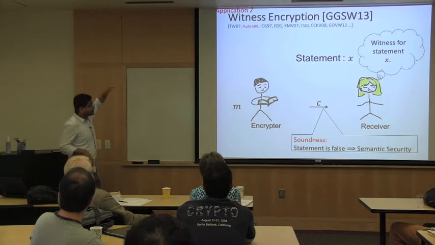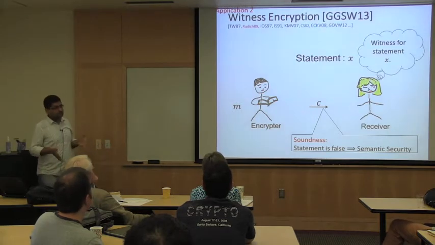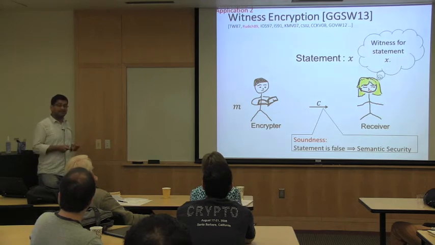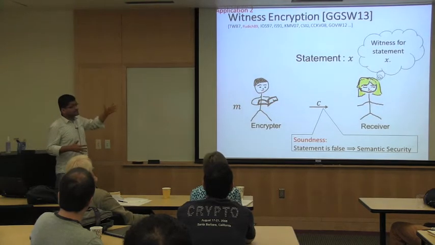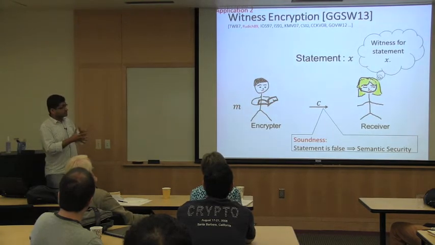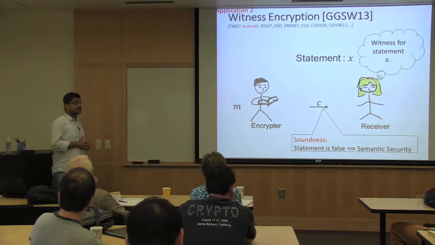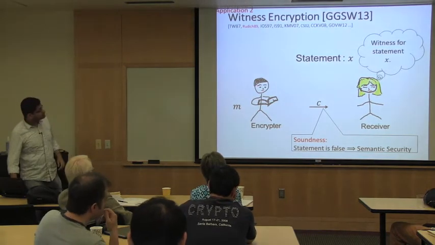Getting back, FHE allows you to do arbitrary computation on encrypted data, but what you learn in the end is also encrypted. What witness encryption allows you to do is the computation is entirely public, so whether X is satisfiable or not for the receiver is completely public, but the message is hidden based on that. So it's enforcing the maximum level of access control we can think of.